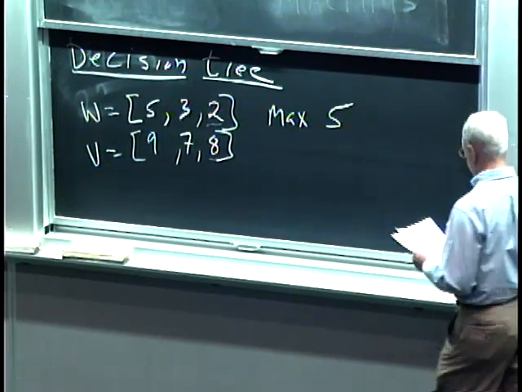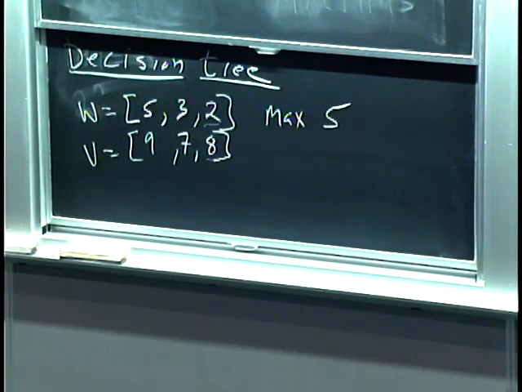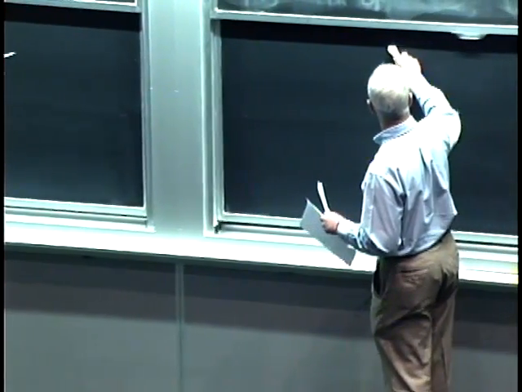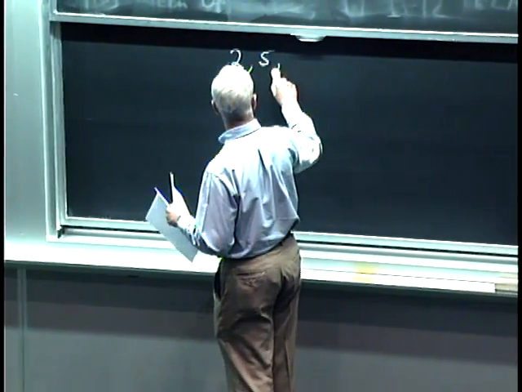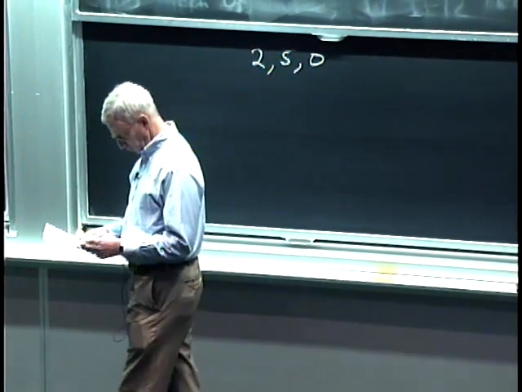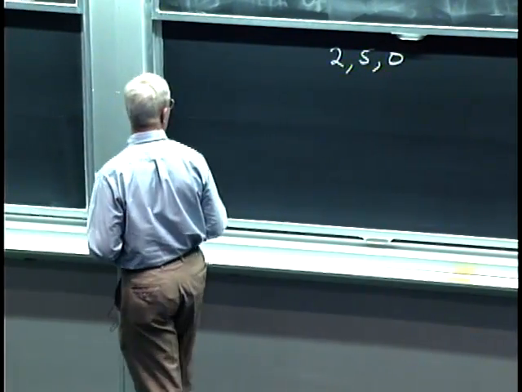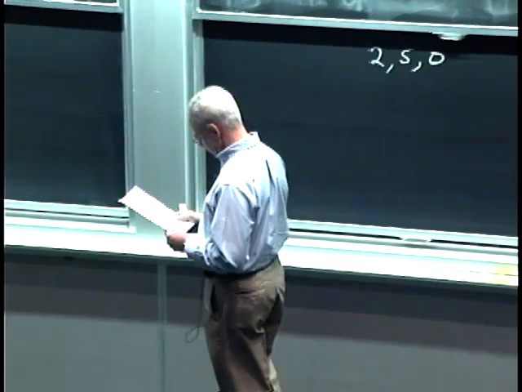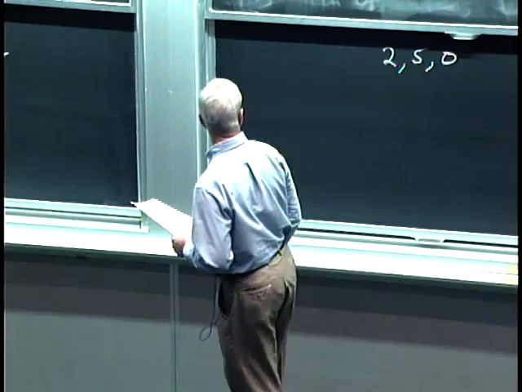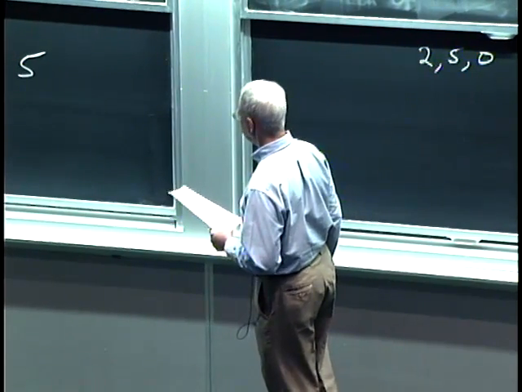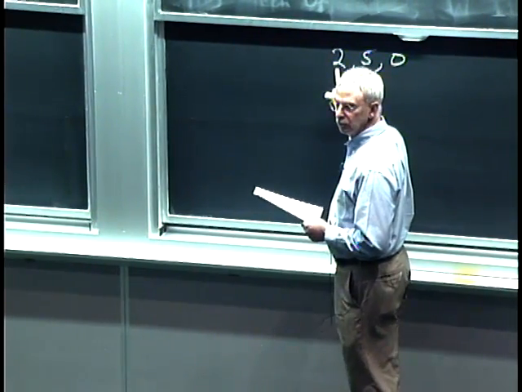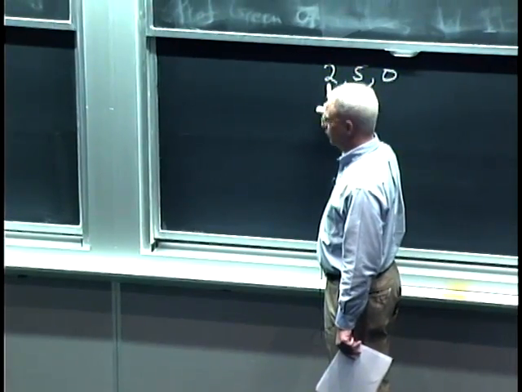And then we'll construct our tree as follows. The first node will be the tuple 2, 5, and 0. Standing for, let me make sure I get this in the right order, the index, which is 2, the last element in this case.